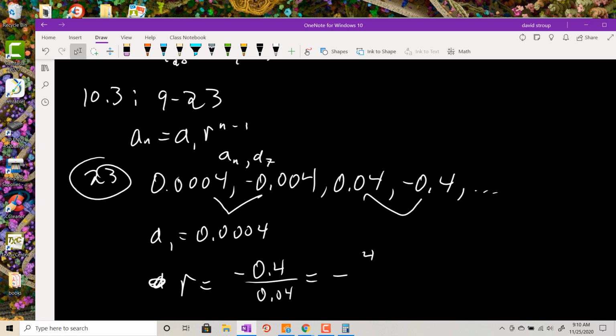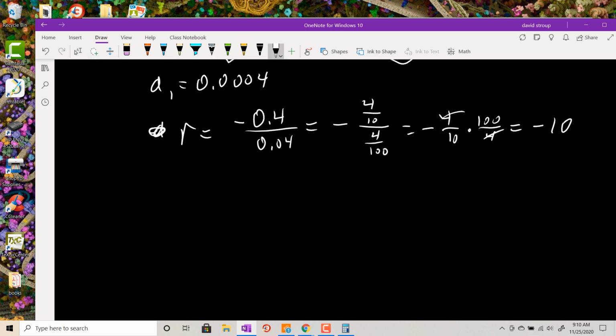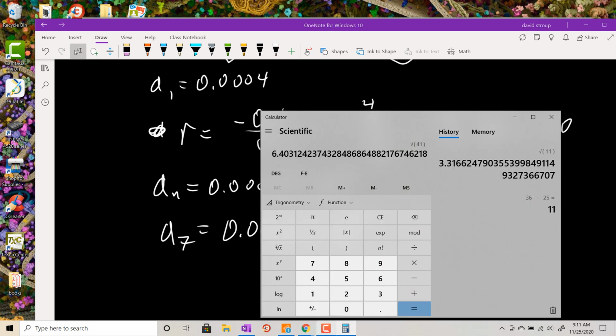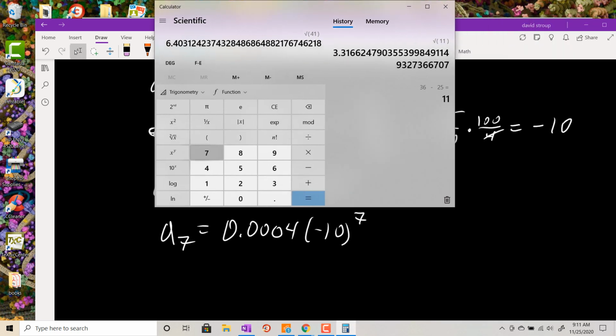That's the same as 4/10 divided by 4/100ths, which is the same as 4/10 times 100/4, which is the same as -10. Okay, so our a sub n formula is 0.0004 times -10 to the n, and then a sub 7 will be 0.0004 times -10 to the 7th, and in calculator terms, what will that be?